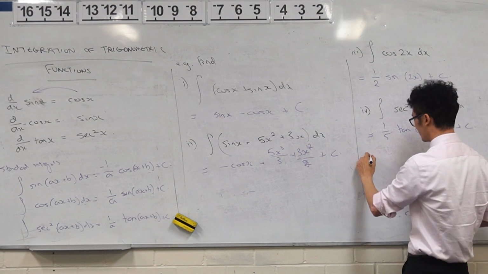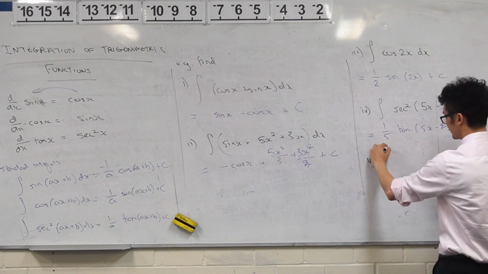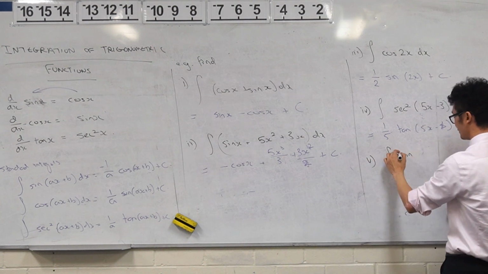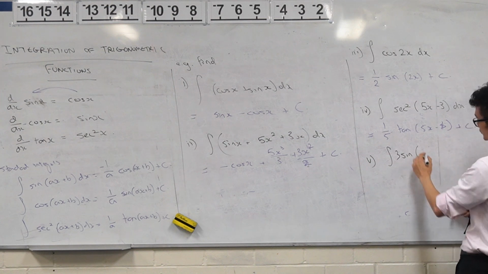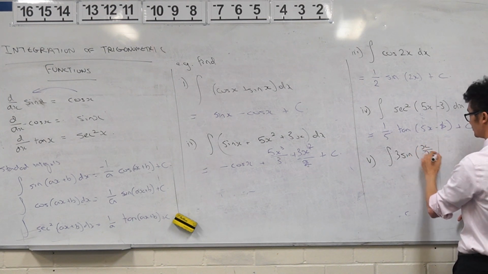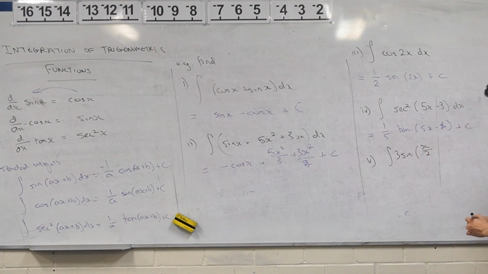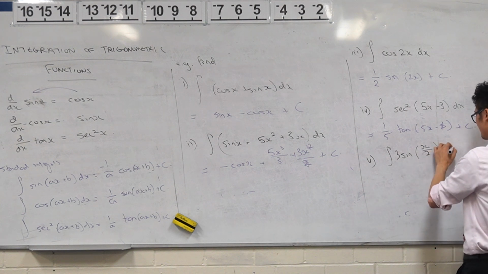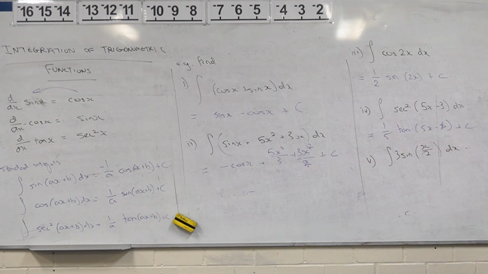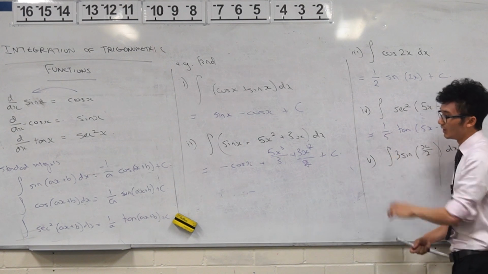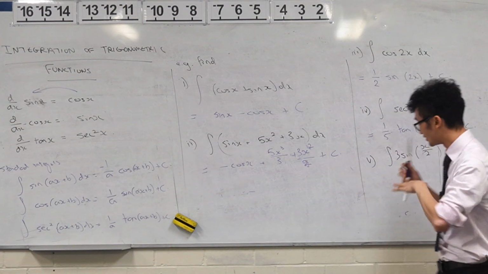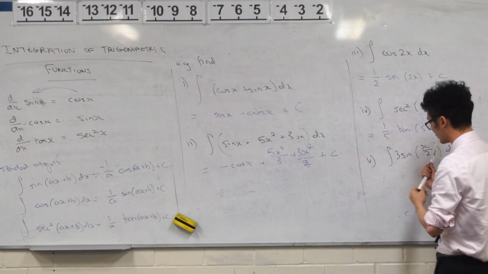Now, sometimes they'll try and trick you and they'll do stuff like this. So let's incorporate some more elements to this. Let's say I've got the integral of 3 sine of x on 2. Yeah, that's an interesting one, isn't it? Okay, cool. So what's different about this one? Well, first of all, we've got a constant here. Like I've always done, I tend to bring constants out so I don't really have to work with them.